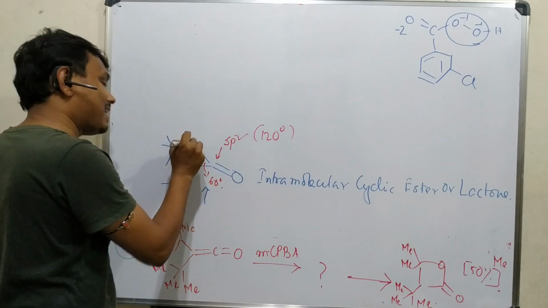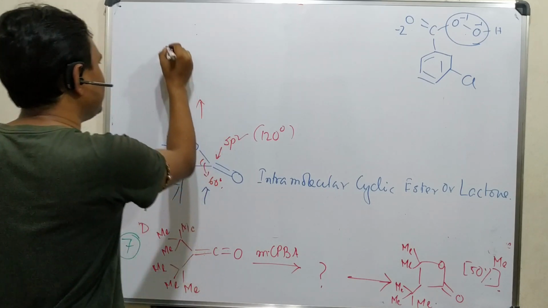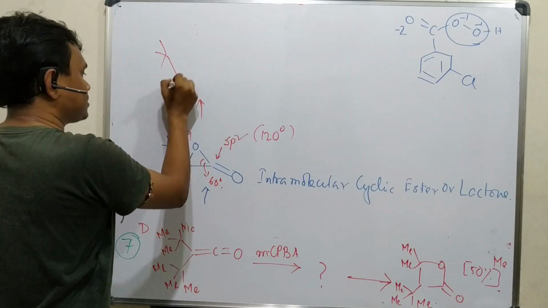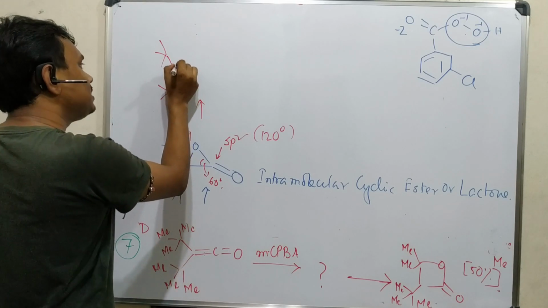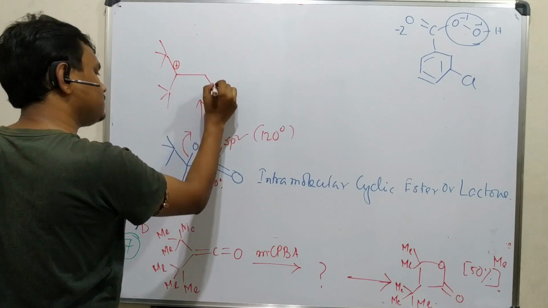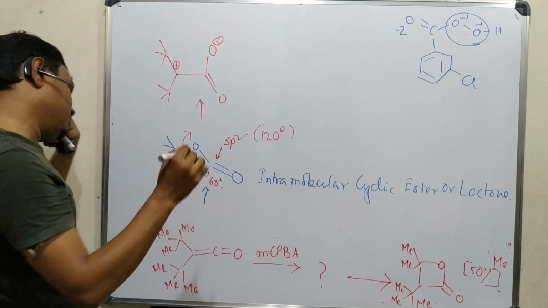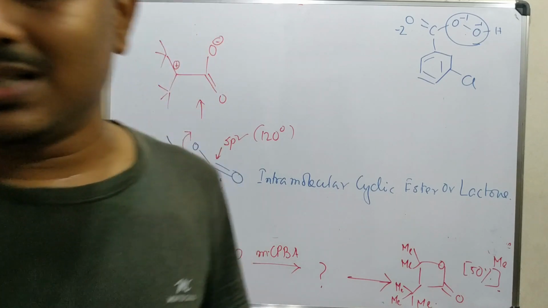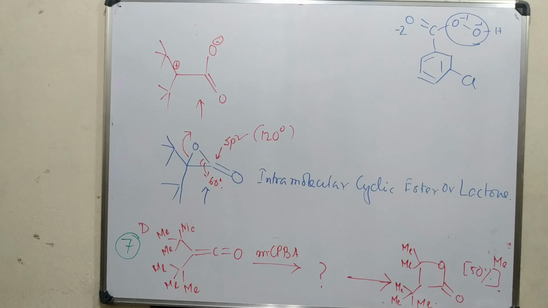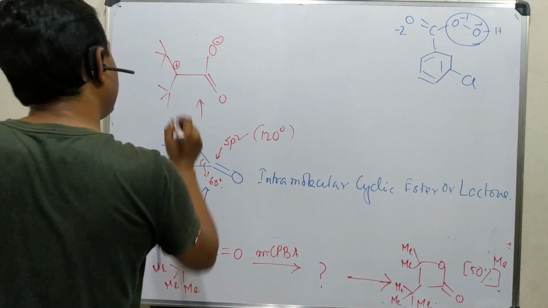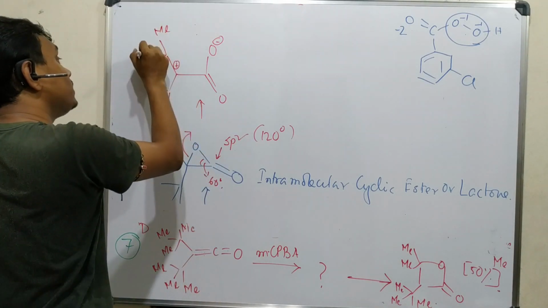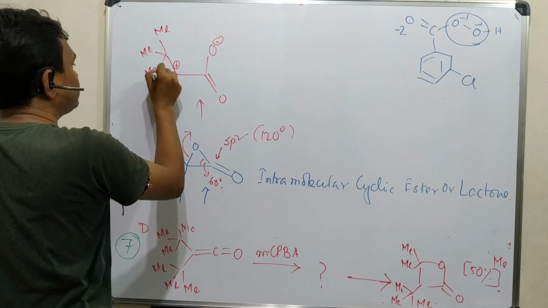It opens up, and another driving force for this opening is the consequence. What do I mean? See, if it opens up, there is a positive charge here and this is O minus. And we know this positive charge is a tertiary carbocation, so relatively stable. Okay, fine. So that's why this will form very easily.